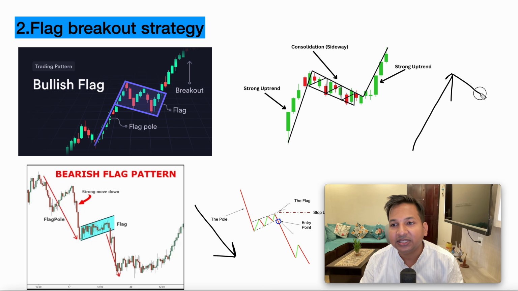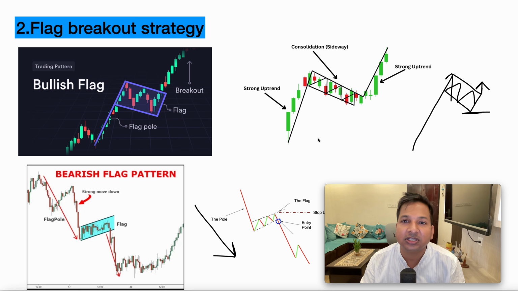So what will happen, this trend will bend and it will make a consolidation zone here like this. Now after this, if a breakout happens at the top, you can take entry and keep the stop loss here. This is called a flag pattern, because this looks like a flag.